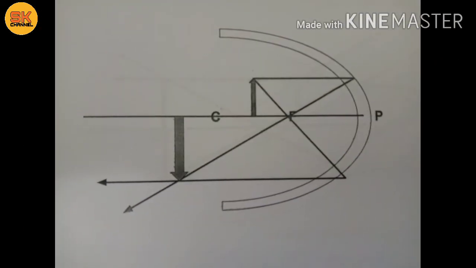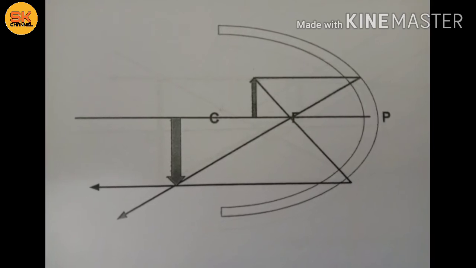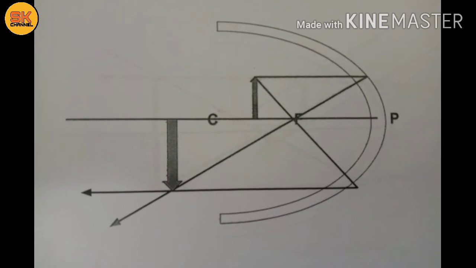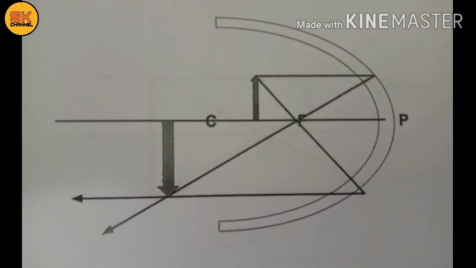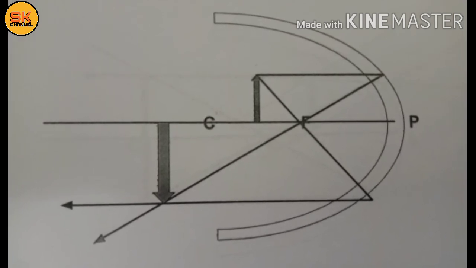Object placed between center of curvature and focus. Here the image is formed beyond center of curvature and the image is real, inverted and enlarged.